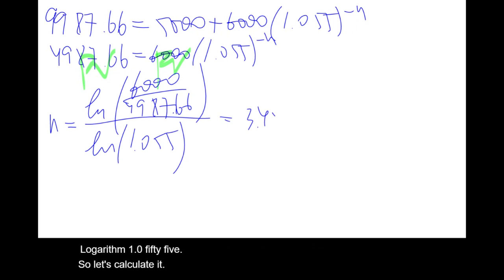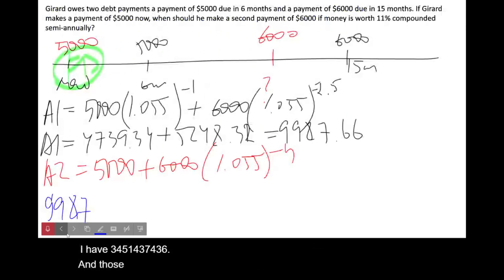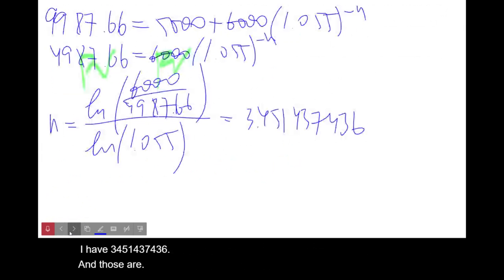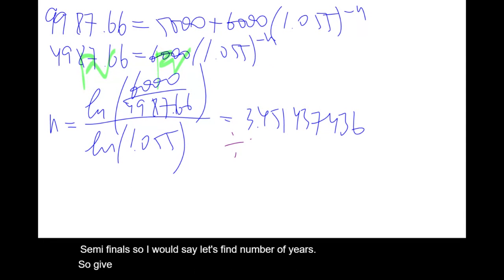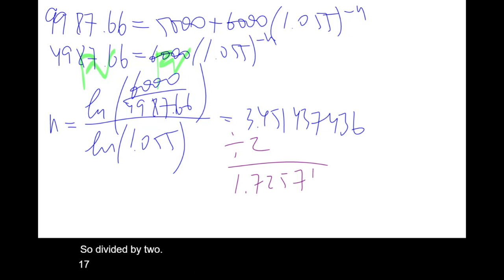I have 3.4514374... Those are semi-annuals. So let's find the number of years. Divided by 2, 1.725718718. If I want years, we can leave it like that.